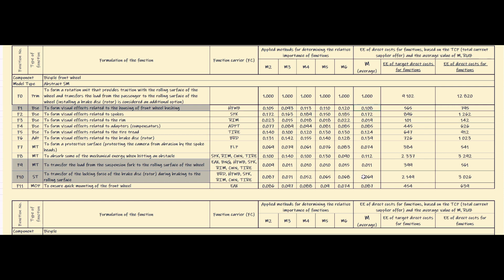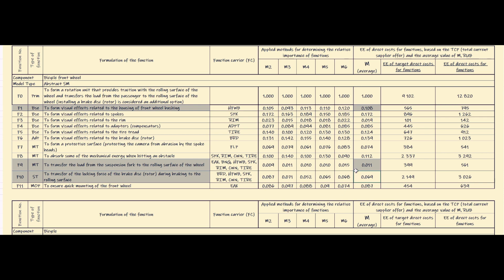Okay, it's not two functions, it's three functions, and the significance of these three functions in accordance with the abstract functional model of the front wheel is 0.108, 0.011, and 0.069 respectively.